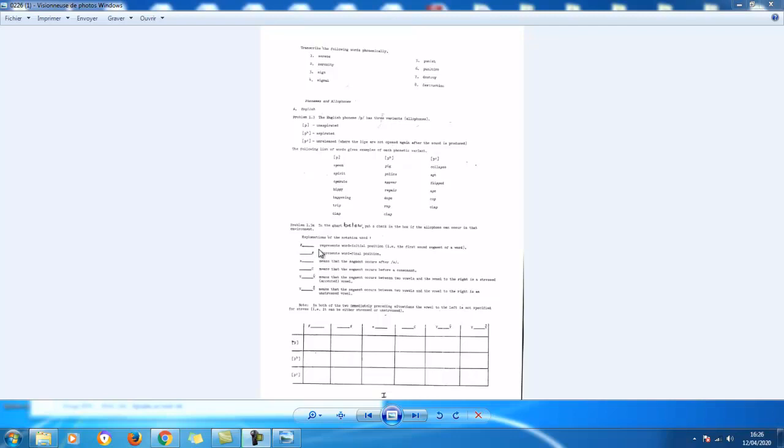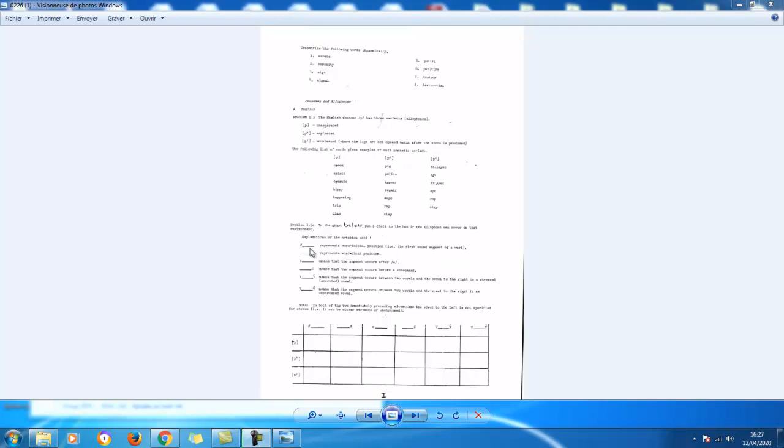Let us first of all explain the notation. Explanations of the notation used. This phonetic environment represents word initial position. That is to say, the first sound segment of a word.